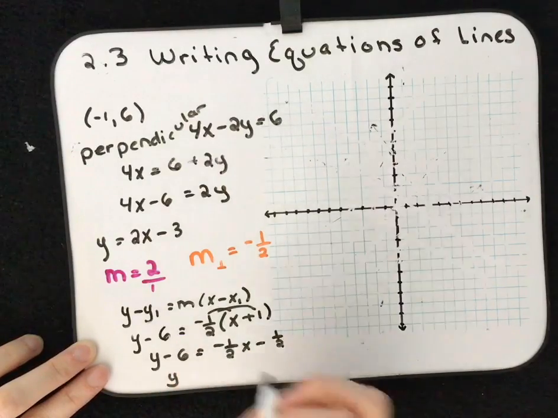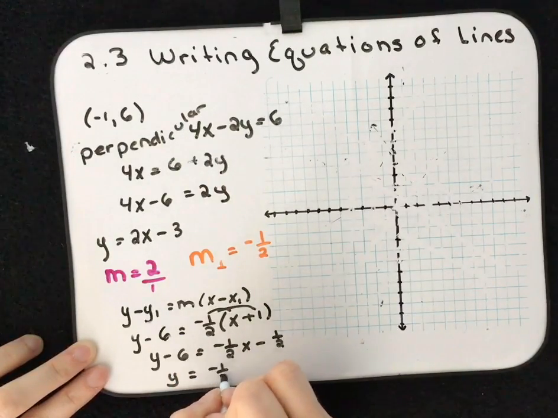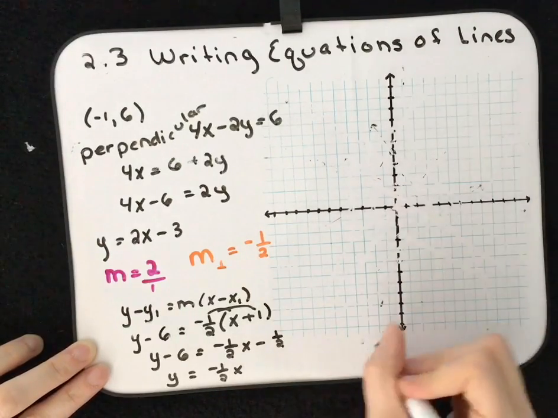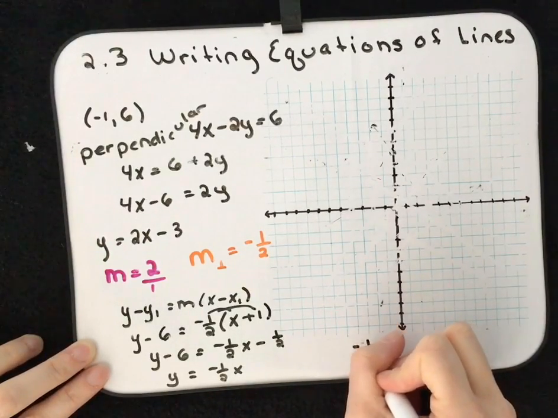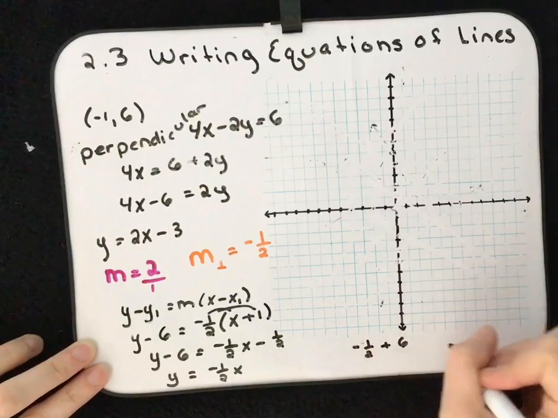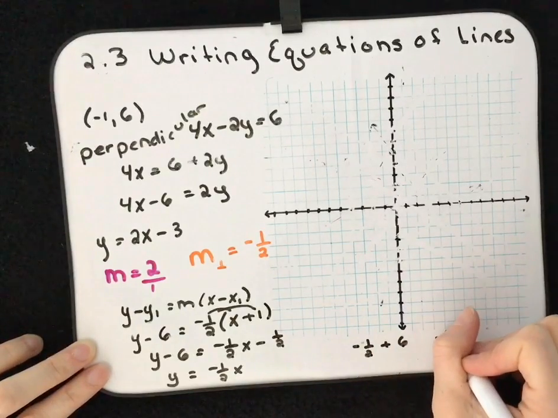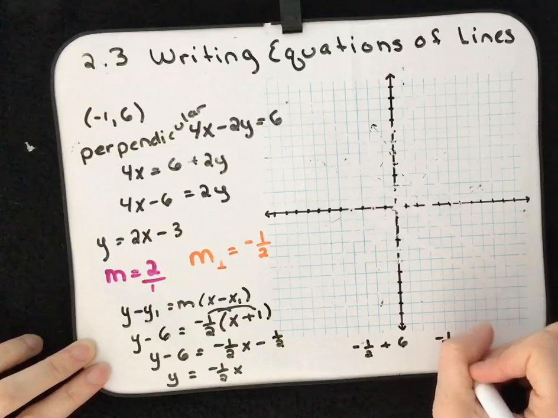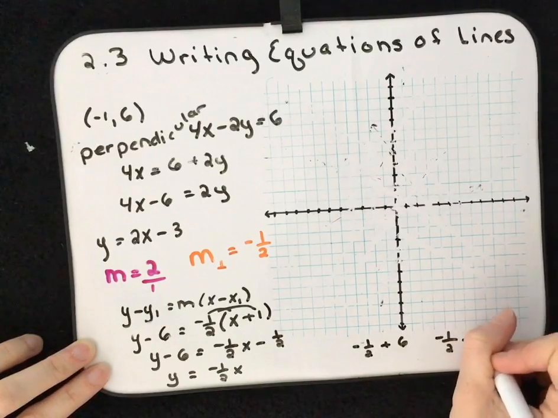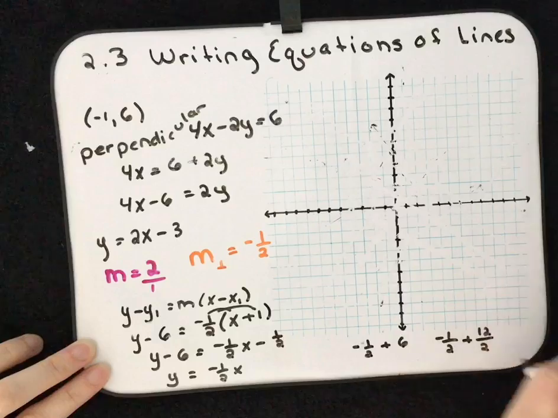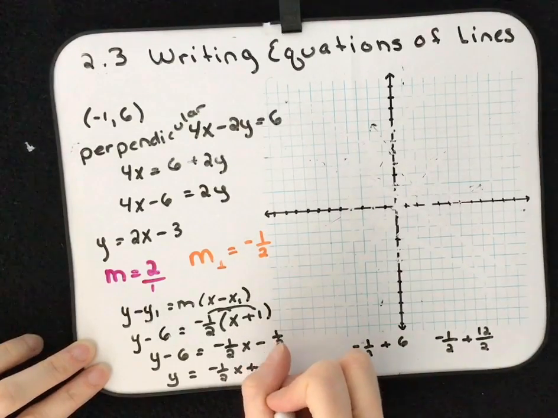We're going to add that 6 to both sides. And then if we have negative 1/2 plus 6, that's like negative 1/2 plus 12 halves. So that's 11 halves.